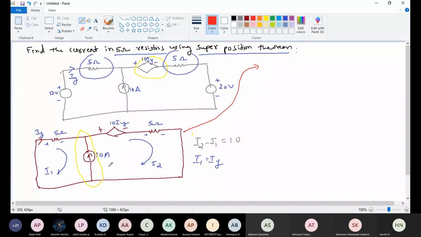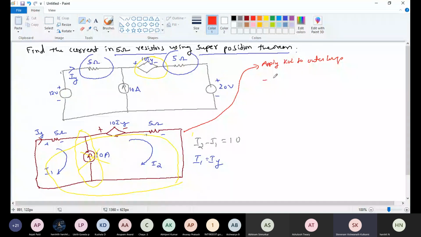Now applying KVL to the outer loop. This is my outer loop. I am not considering this 10 ampere. Okay, now tell me the equation for KVL for this outer loop.